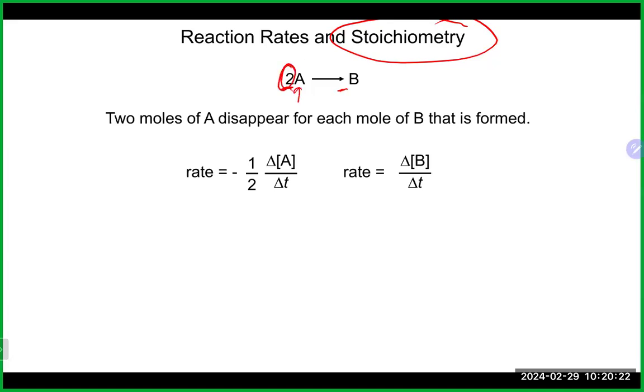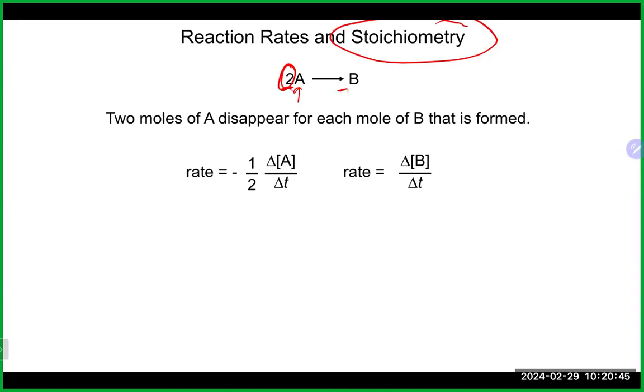So that's where the 2 comes from. Taking 1 over the coefficient combines the stoichiometry part of the calculation with the kinetic part, so you don't have to do them separately. And the rest of it is very similar to what we saw earlier: the change in the concentration of A over the change in time.